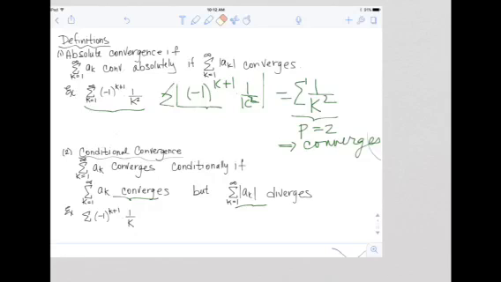For example, the alternating series 1 over k, which we looked at previously two examples ago. The alternating series converges because it's decreasing and the limit of 1 over k is 0.